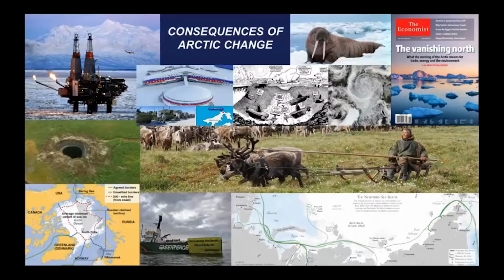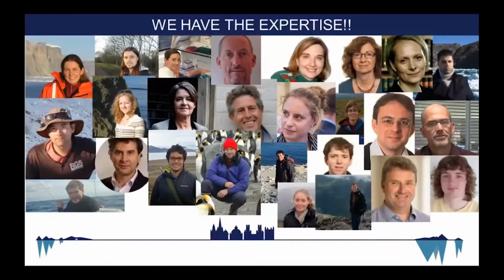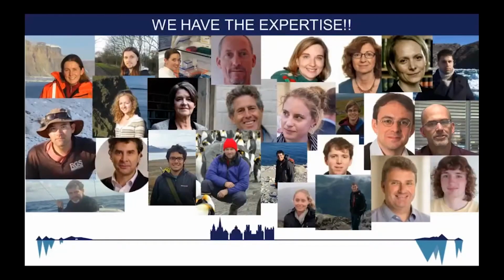So what does this mean? Well, this is a bit overwhelming. It means that we need a lot of expertise from many fields to really understand what's going on in this region and its impacts for its local nature, natural resource extraction, and societies. That basically requires a lot of research from many fields, and we happen to have it in Oxford. These are just a few pictures of people who have either worked with the Arctic or are working with the Arctic or the polar regions in general in the past or in the present.